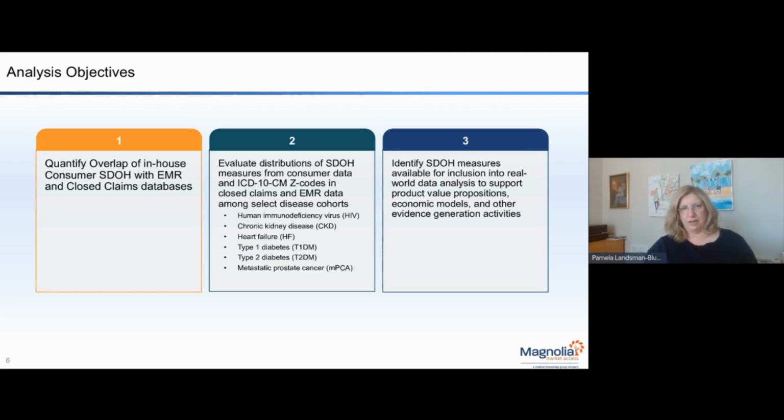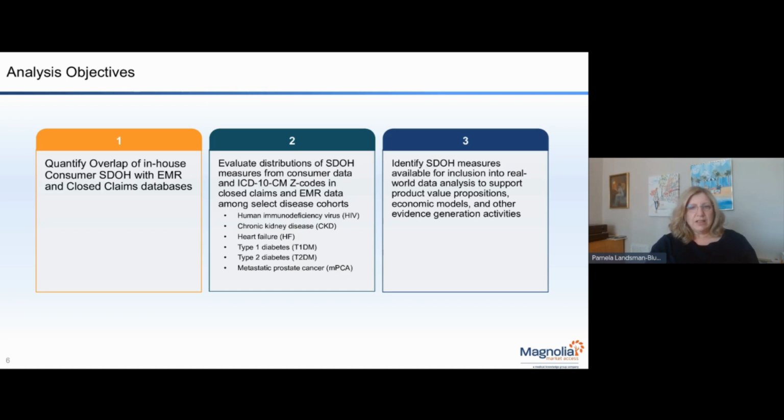So I'm going to be presenting a lot of the analyses that have been done. What were the objectives of the analyses? First, internally, we have some data sources which I'll go through, but we really wanted to quantify the overlap of in-house consumer social determinants of health data with EMR data, as well as closed claims databases that we have available.